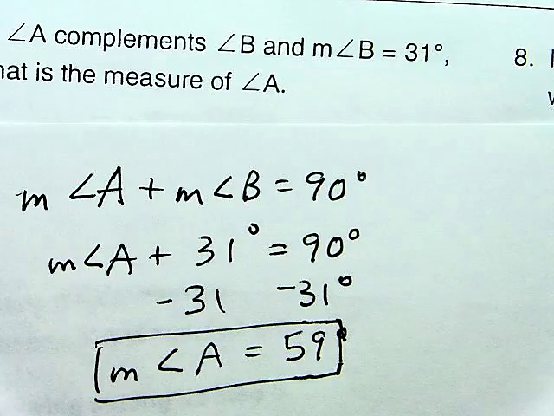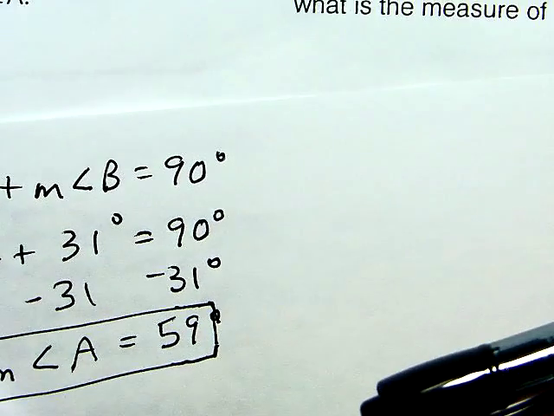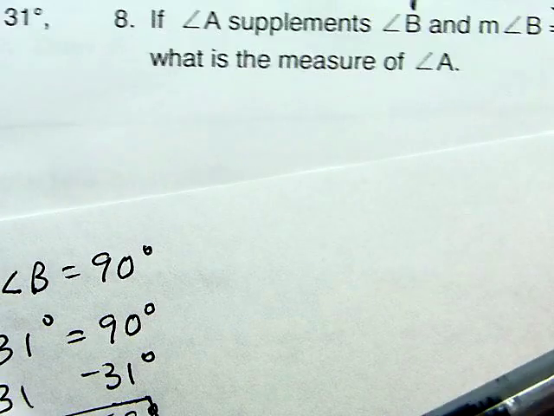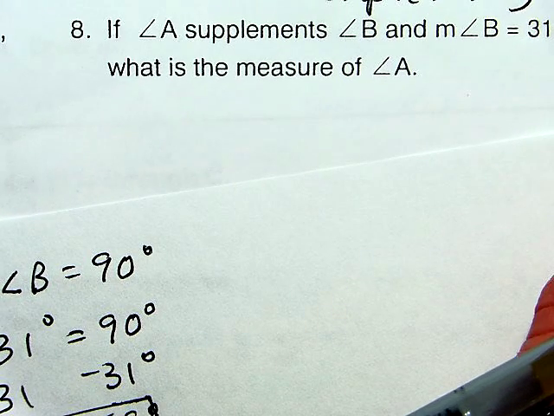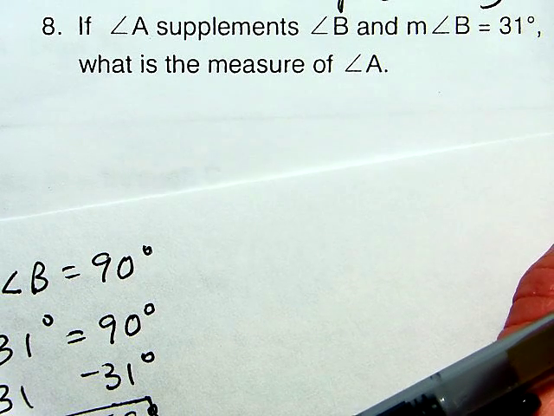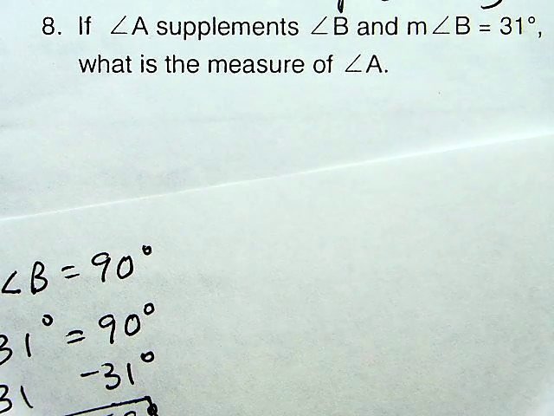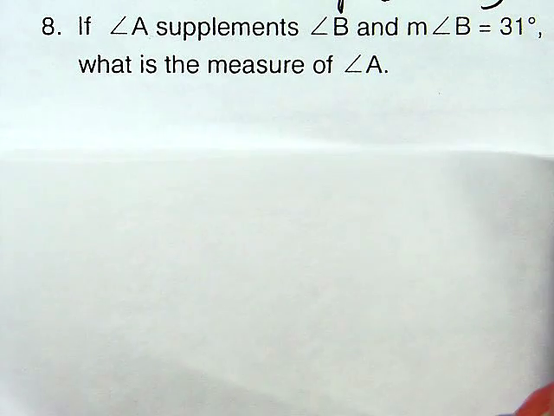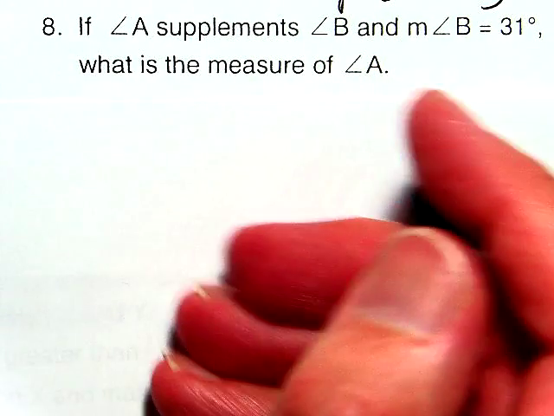Let's go to problem number 8. So problem number 8 reads that if A supplements B and the measure of angle B is 31, then what is the measure of angle A?